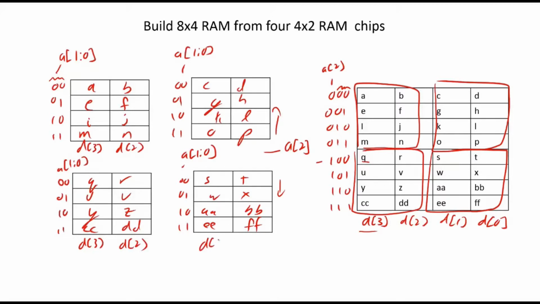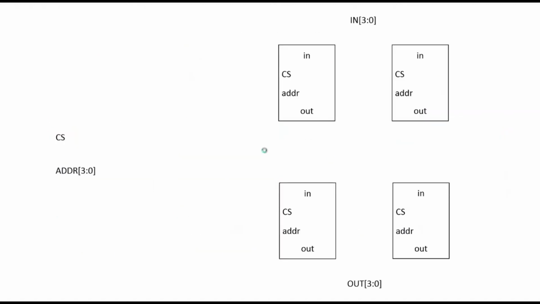And then this is data bit 1 and data bit 0, and then data bit 1, data bit 0. So that's the orientation arrangement that I want to use. So I can build an 8x4 out of these 4x2s by simply allocating these bits.